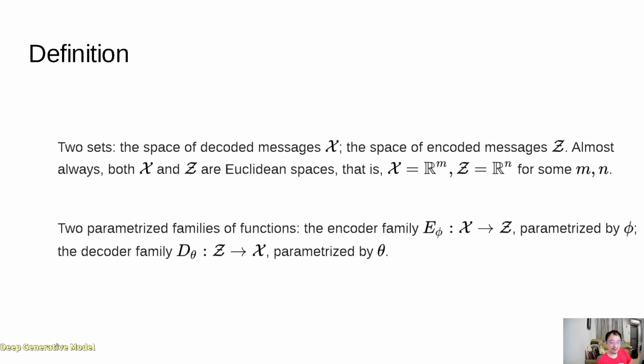Two parameterized families of functions: the encoder family E_φ from X to Z, parameterized by φ, and the decoder family D_θ from Z to X, parameterized by θ.